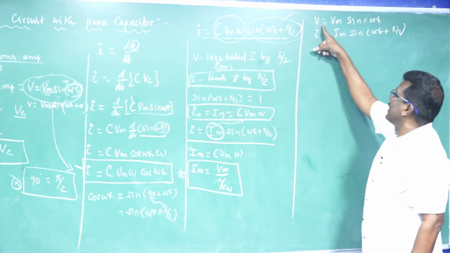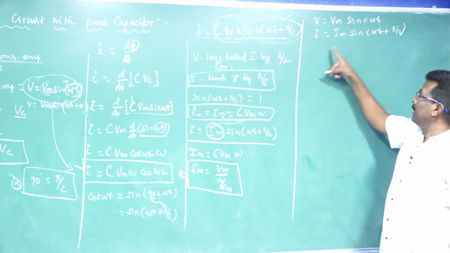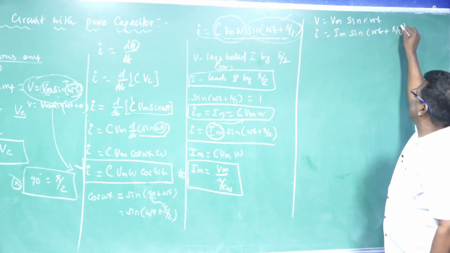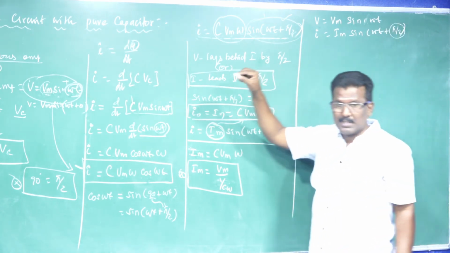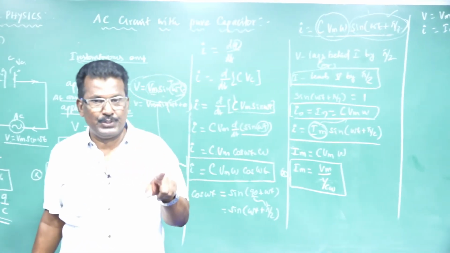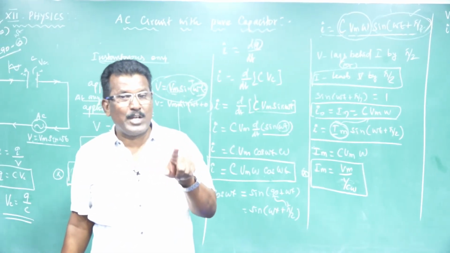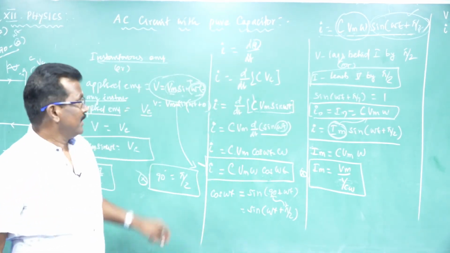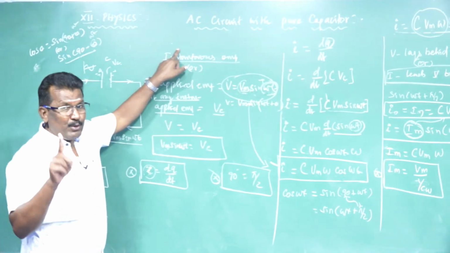So the voltage V is equal to Vm sin omega t, and I is equal to Im sin omega t plus pi by 2. So I leads V by a phase difference of pi by 2. The phase difference between current and voltage is exactly pi by 2 in the case of a pure capacitor.